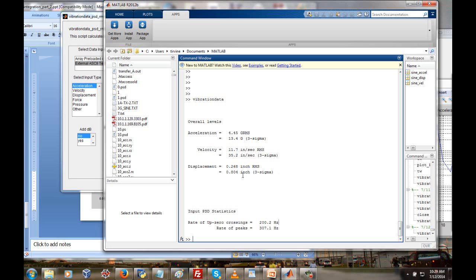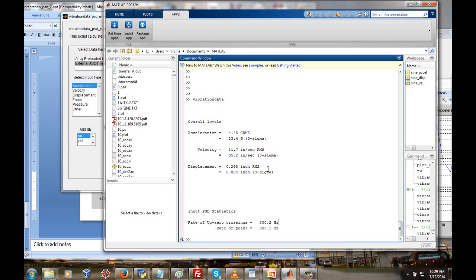So the peak displacement for an actual test could be maybe 1.25 inches, or thereabouts, maybe a little higher, maybe a little less. That's a one-sided, 0 to peak level.